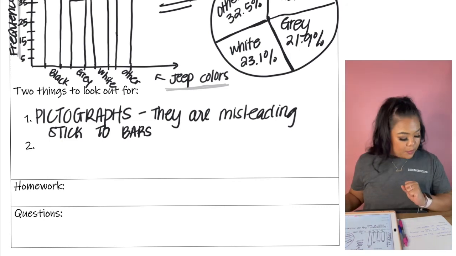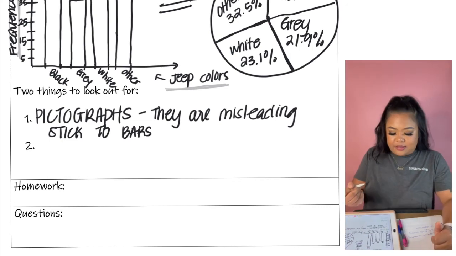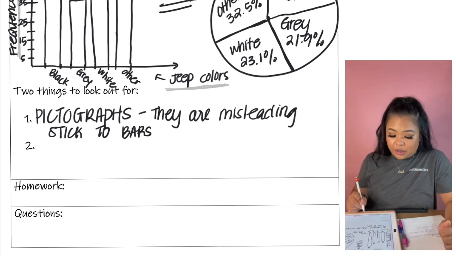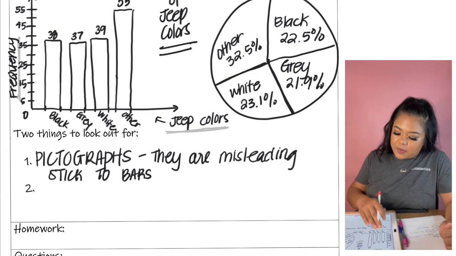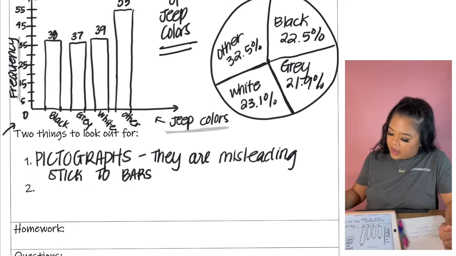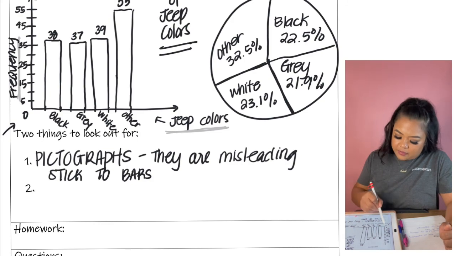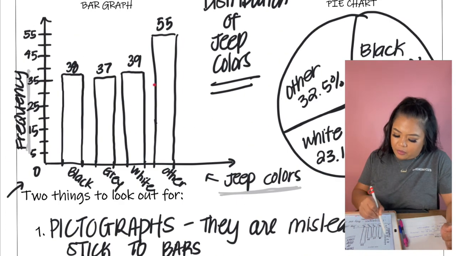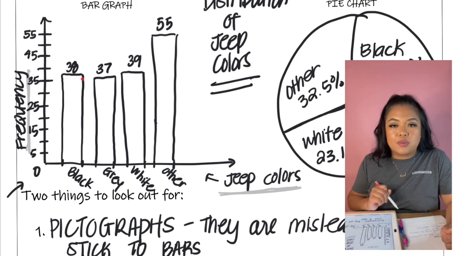The next thing I want to point out are the axes, okay? I want to make sure that you are starting your axis off at 0, not at whatever number. Look at our picture here. Imagine if we are taking a look at our graph here, and instead of starting at 0, we're starting it at 35, right? We start the 35 down here, and now what we're going to see is a little bit at 38, 37, 39, and then a whole bunch more at 55.